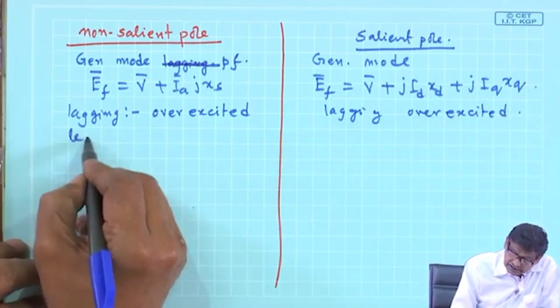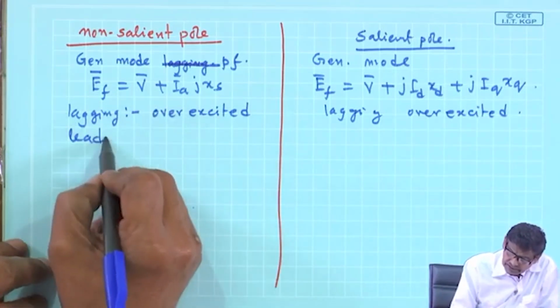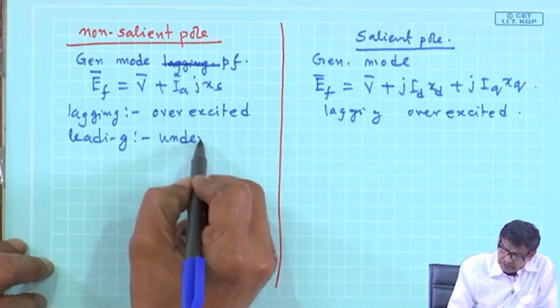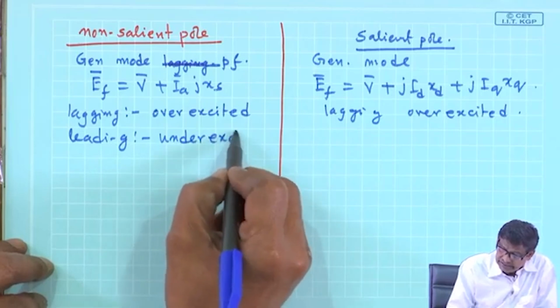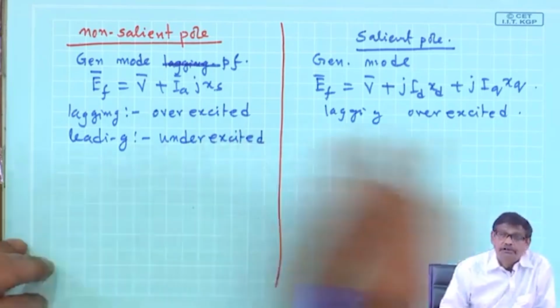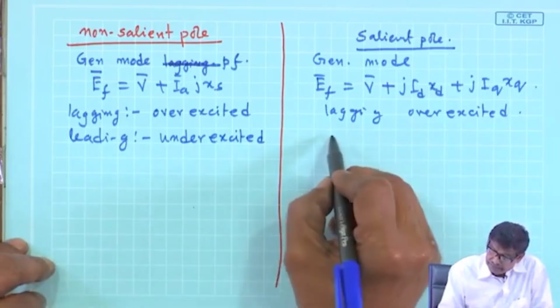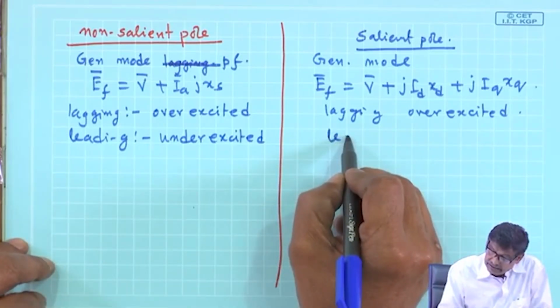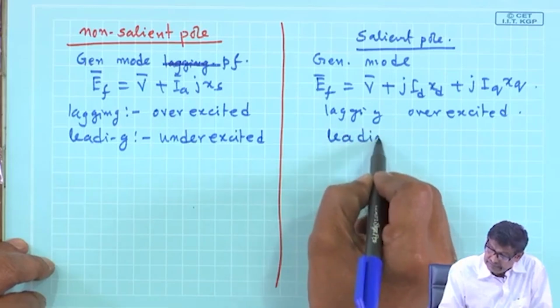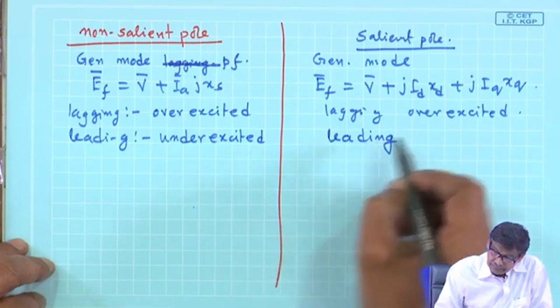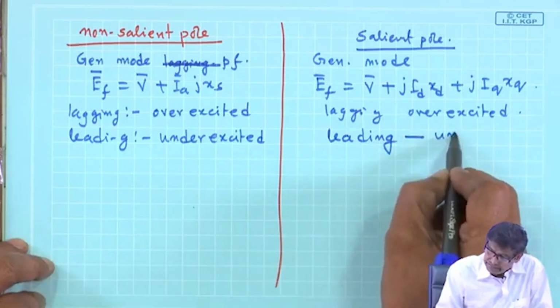If it is leading, the equation remains the same, leading, under excited in case of generator. These are things you must remember, no other way.